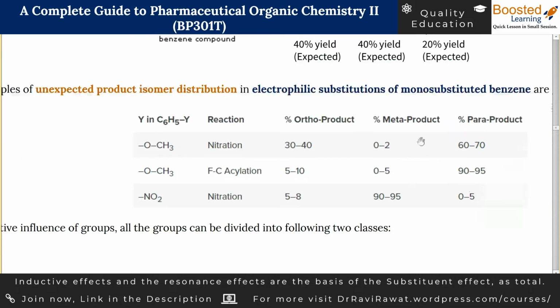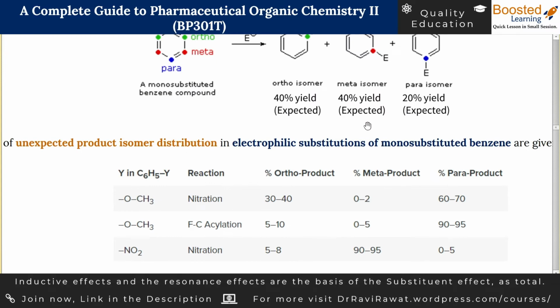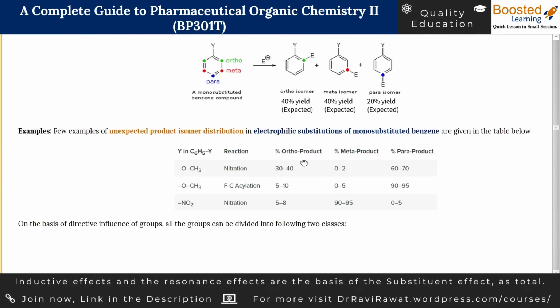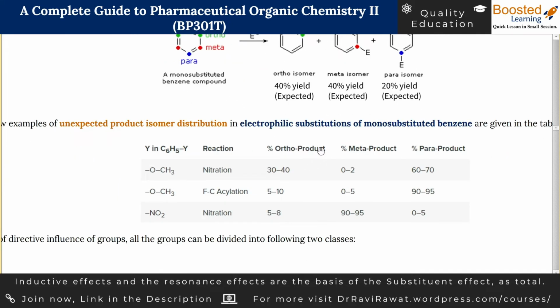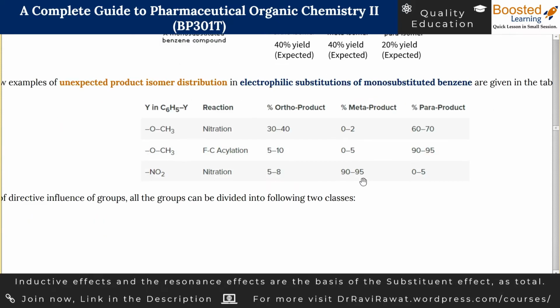So you can see that the probability distribution was not getting translated to the practical scenario. So that means there was a trend in the distribution of product. So let us try to decode this trend.